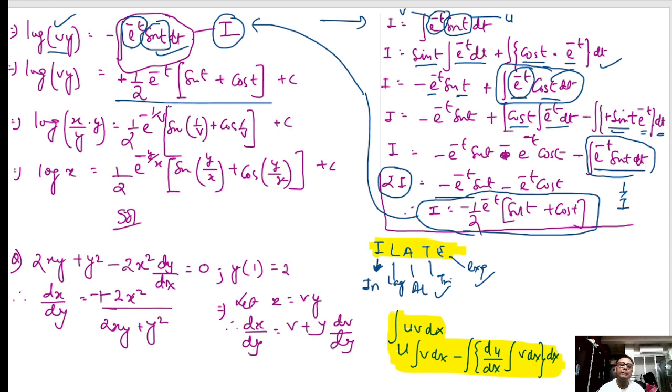There is a minus, it becomes plus C. Now in place of v, I will put x by y. So that is the solution of this equation. Clear? You have to know the product rule of integration before doing this. Let's see the next sum.